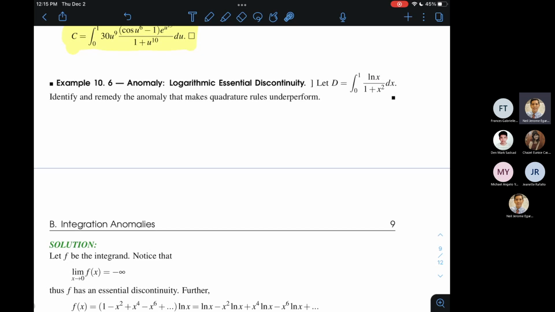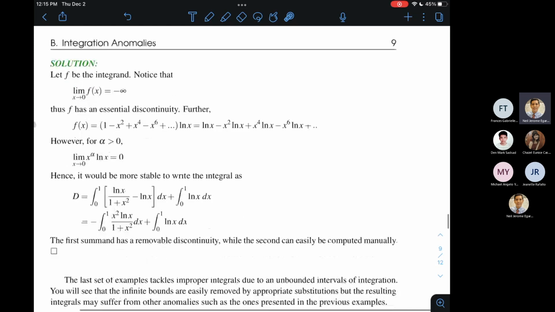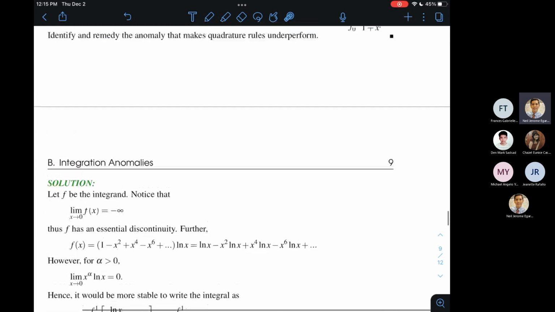But what type of discontinuity? If we take the limit of f as x approaches 0 coming from the right, we will get negative infinity. All right? Dahil negative infinity yan, meron siyang essential discontinuity. And further, the discontinuity is in the form of a logarithm or logarithmic nga yung essential discontinuity.